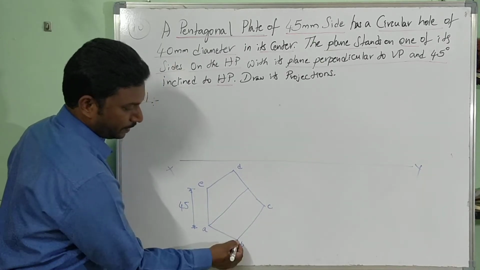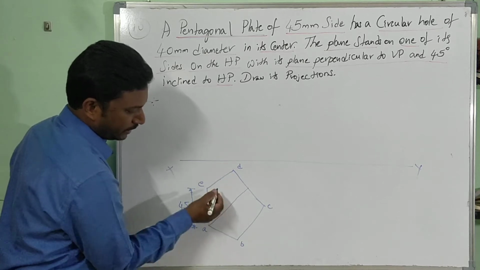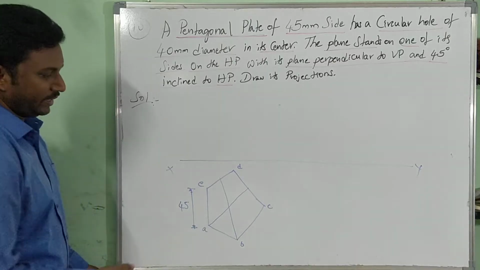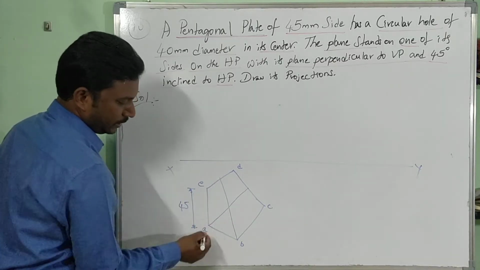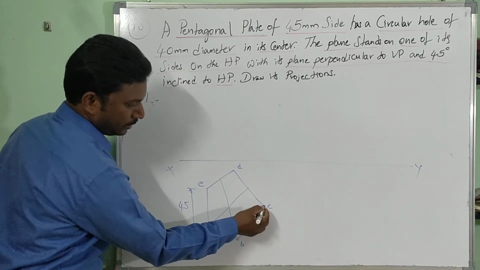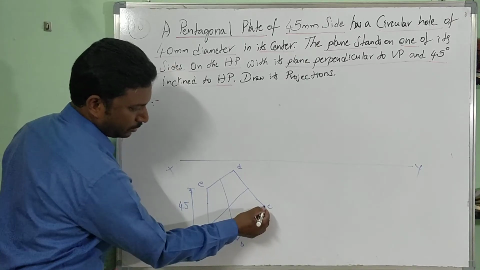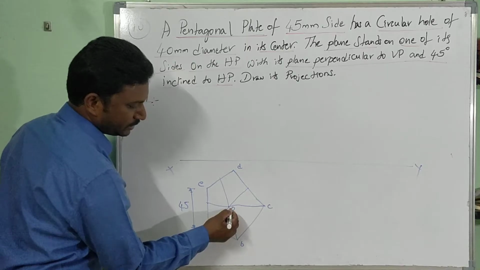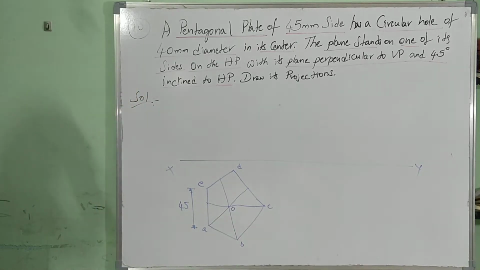Next, from B to the opposite side ED, the center. Next, from C to the opposite side EA. Keep a point, try to draw it. These three coincide at one center point, which is O. That is how to plot the centroid of a pentagon.